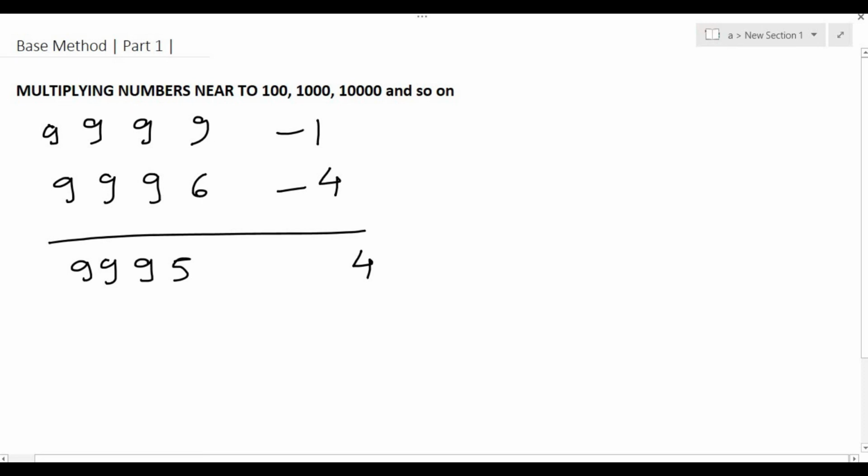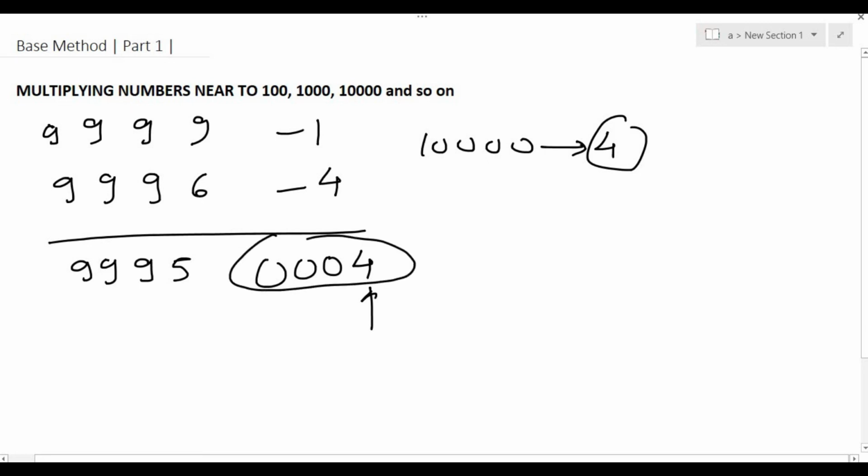And the one thing that I told you before is that for 10,000, it will have 4 digits on the right-hand side. So 1, 2, 3, and the 4th digit is this. So the total number of digits for 10,000, as we can see here, is 4. This is something you need to take care of when you multiply with numbers other than 100.